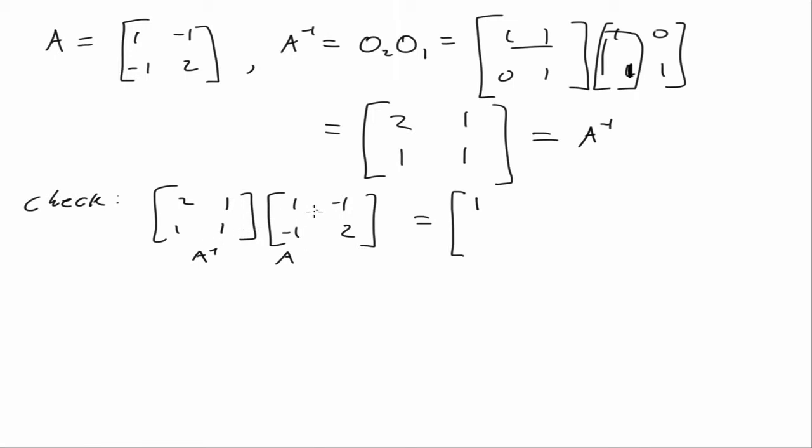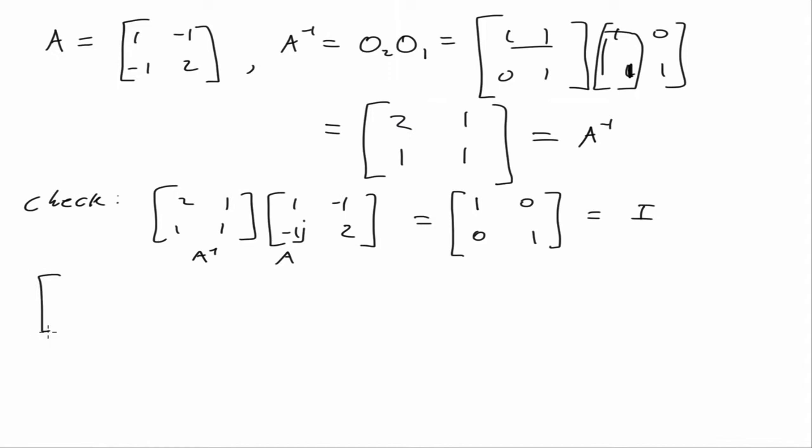Good. Then I multiply down here by this column, by that row, and I get 0. Now I multiply this column by that one, and I get 0. Multiply this column by that row, and I get 1. And that, of course, is the identity as desired.